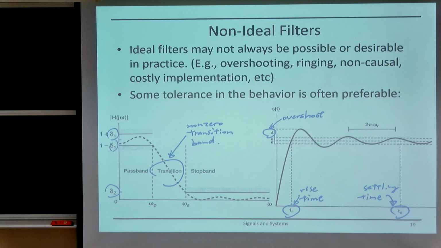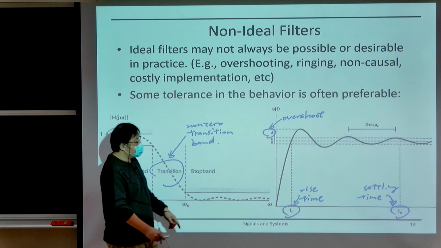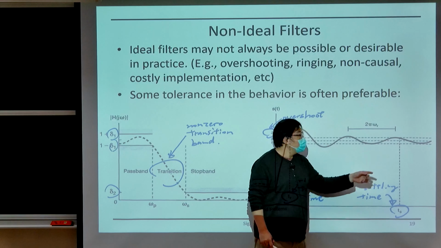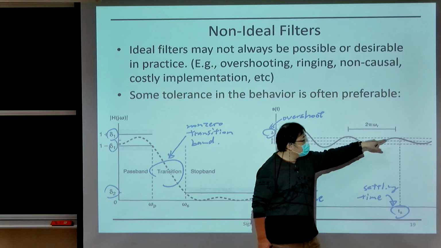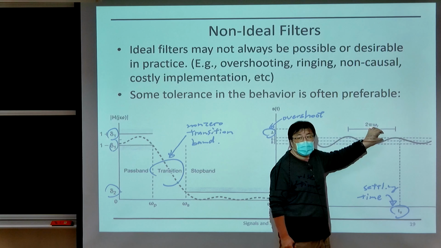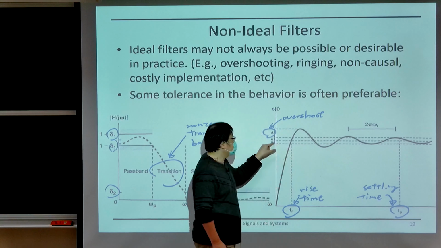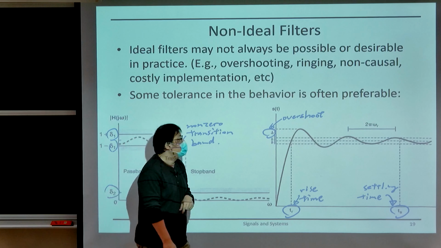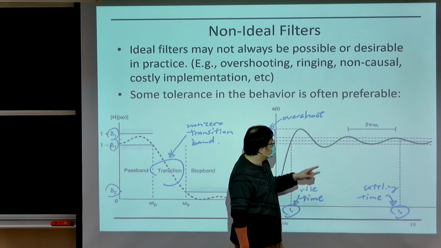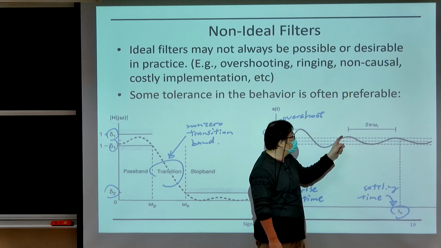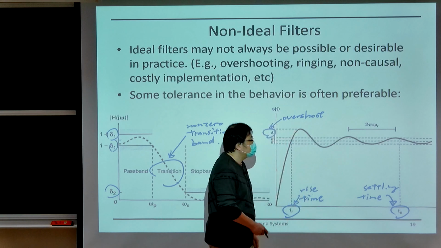So the settling time is the time it takes for this oscillating behavior to settle down to within delta of the unity gain. And so sometimes you're also concerned with this omega r, which is the oscillating frequency.